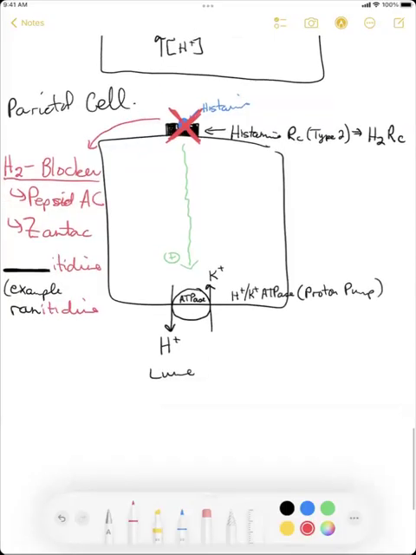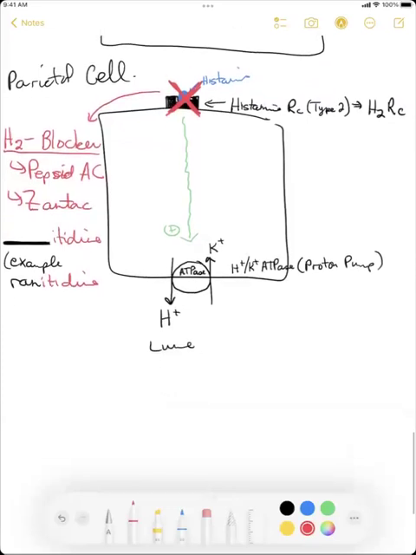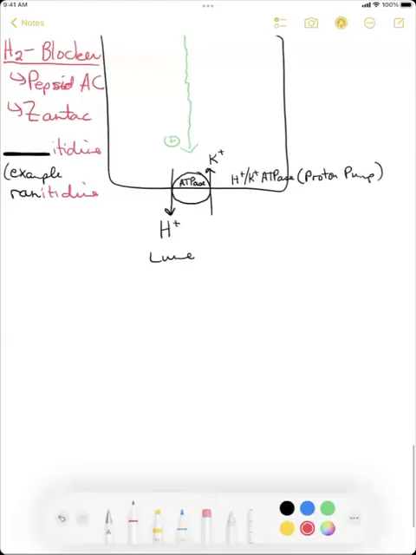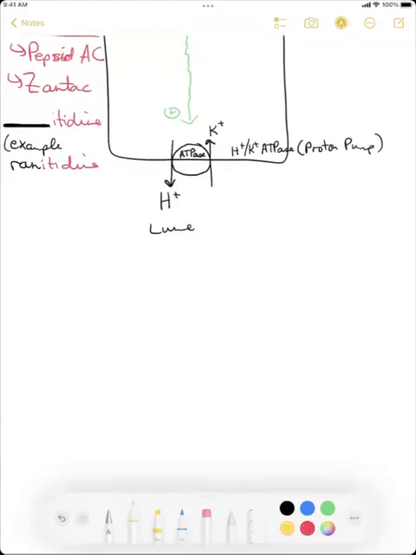The problem with H2 blockers is that there's still other ways that a parietal cell can be stimulated. It can be stimulated directly by the thought, sight, and smell of food. So the other place that we're going to use to reduce the acid is we actually block the pump itself.